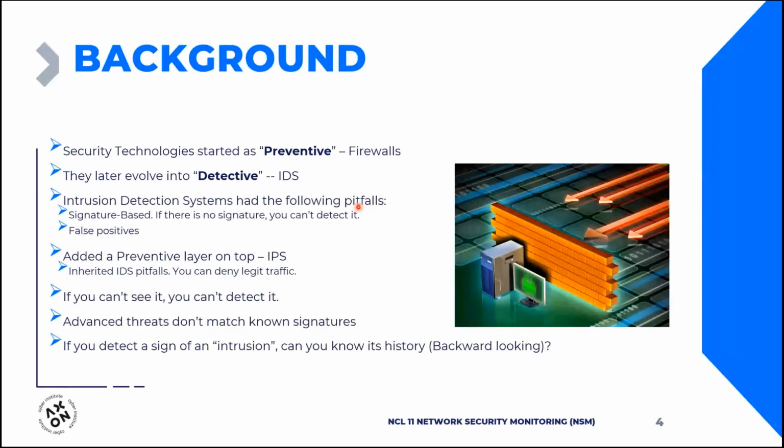Not only that, assume that an attacker manages to get inside, and then after a few weeks you tweak a signature, and then you catch a malicious activity at one point in time. With IDS, you don't have enough information to go back over the last month and trace the attack from its initial access. So there is no backward looking. There is no history here.